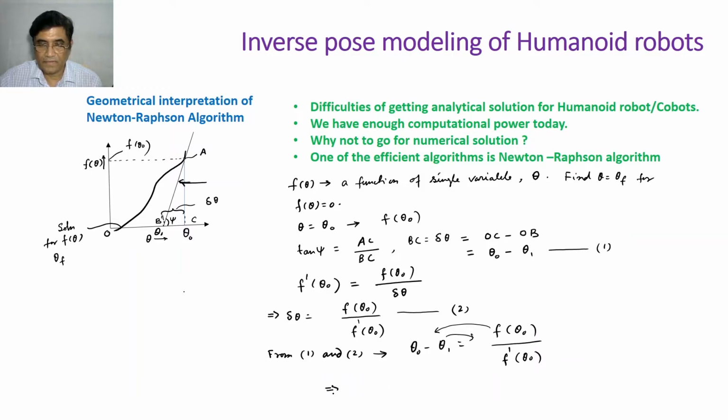That tells you theta 1, now I am writing in algorithmic form, equals the earlier theta value minus f of theta, the functional value at that point, and the first derivative of that function at that point. And this incidentally is the algorithm we are looking for. This is called the Newton-Raphson algorithm.